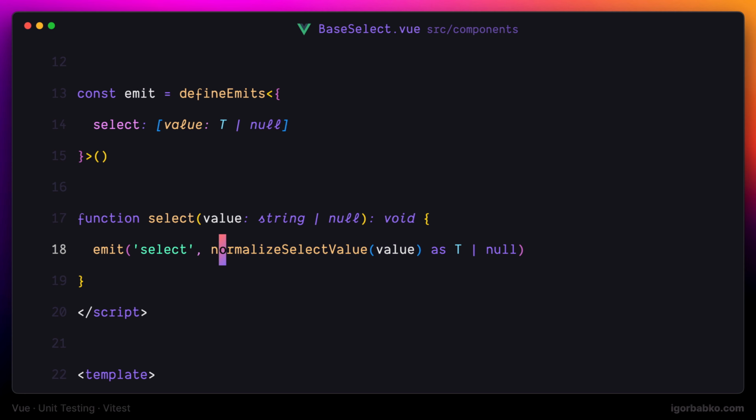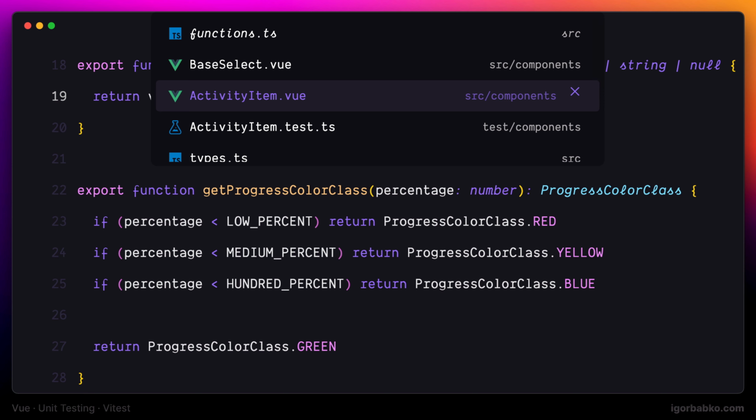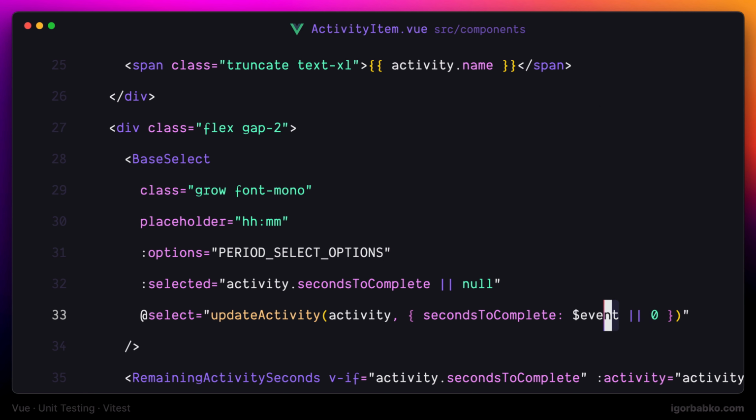And if we'll take a look at the implementation of this function, here we can see that if value equals to null, the first part of this ternary expression will be executed, meaning that that same value that we have received as a parameter will be eventually returned from this function. And that is why the payload of this select event in this case will be null.